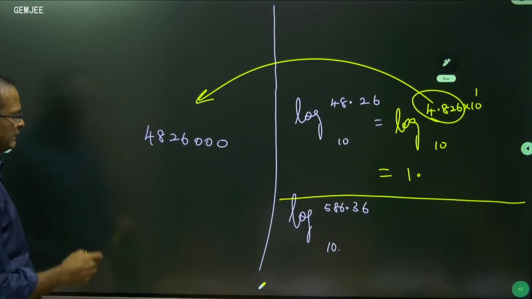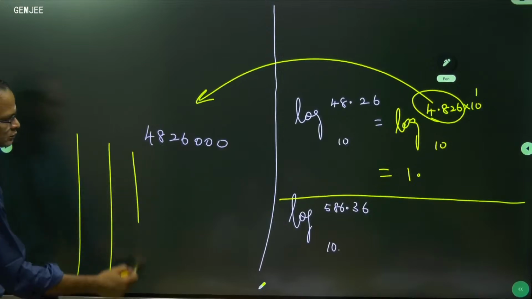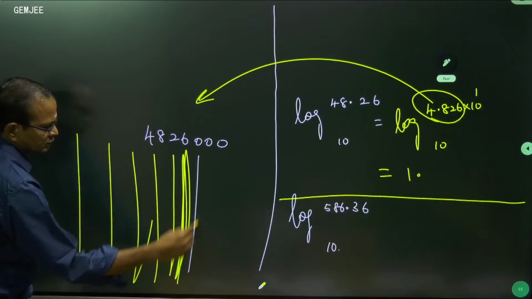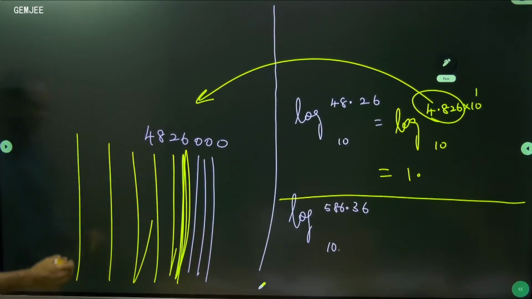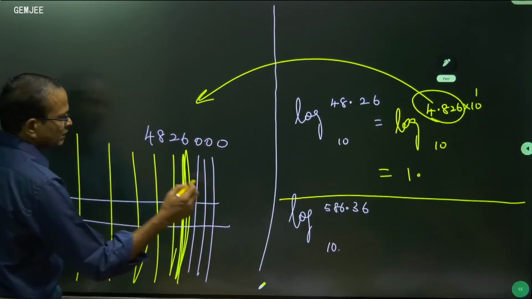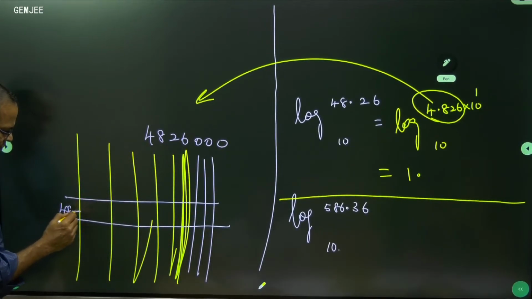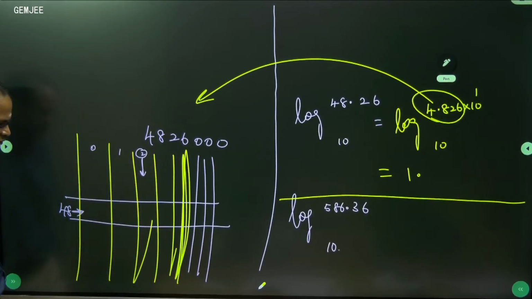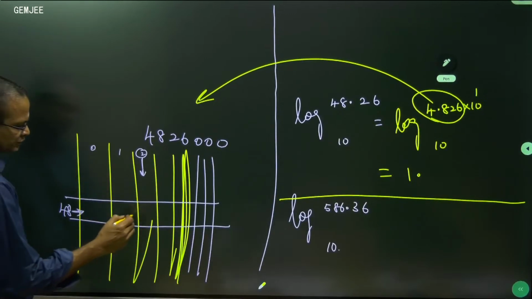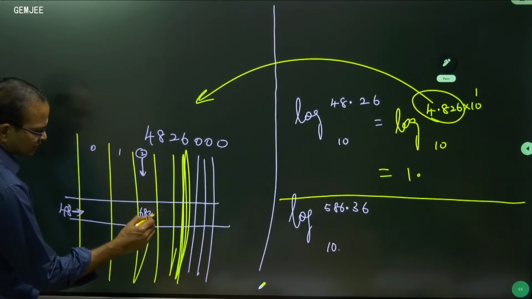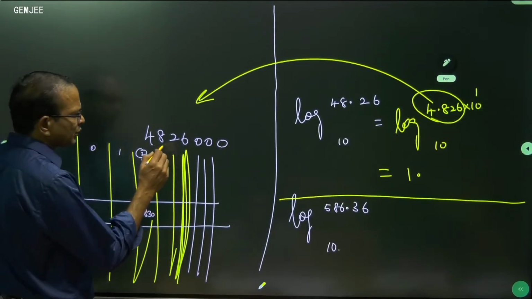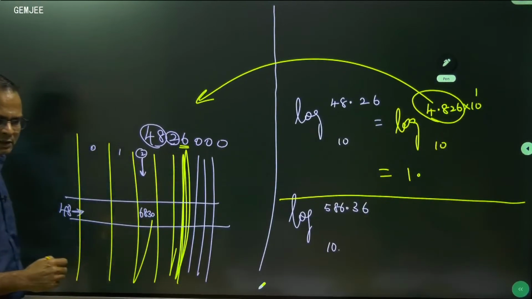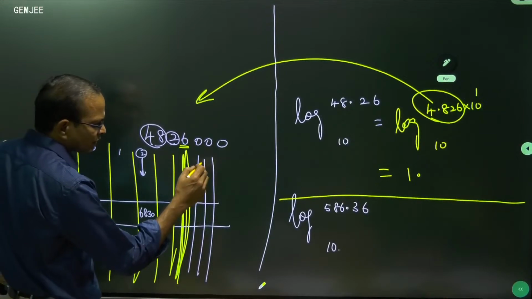Now you take your log table. Right. Now we have to look here. 48 against 2, what is there? Tell me. 6830. Now you have 48 against 2 done, but one more 6 is there. Here, the further 6 in the last column, you will see columns 1, 2, 3.